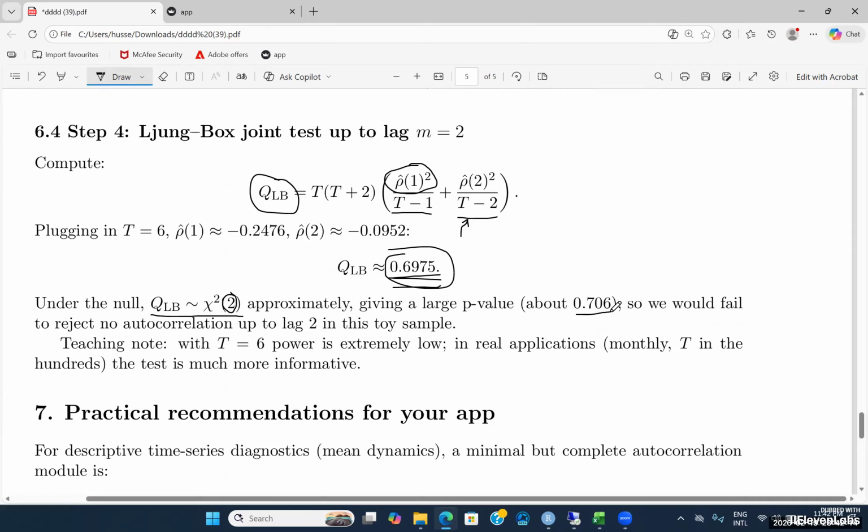It's much higher than 5%, which clearly indicates that the probability is substantial. The evidence supporting the idea that this value originates from the chi-squared distribution under the null hypothesis, which posits that there's no autocorrelation present, is quite compelling. So, based on our observations, the data aligns with the null hypothesis. This means we simply don't have sufficient statistical evidence at this point to confidently reject that initial assumption.